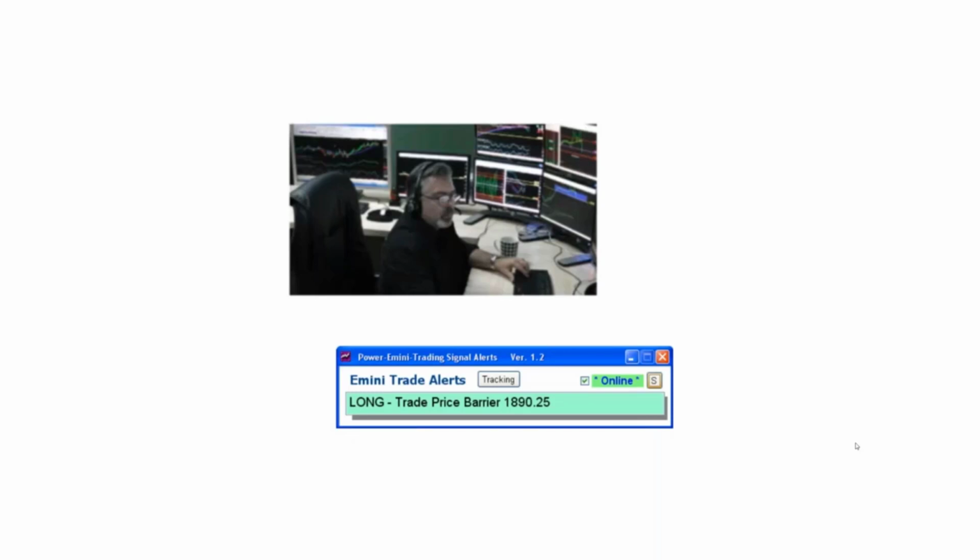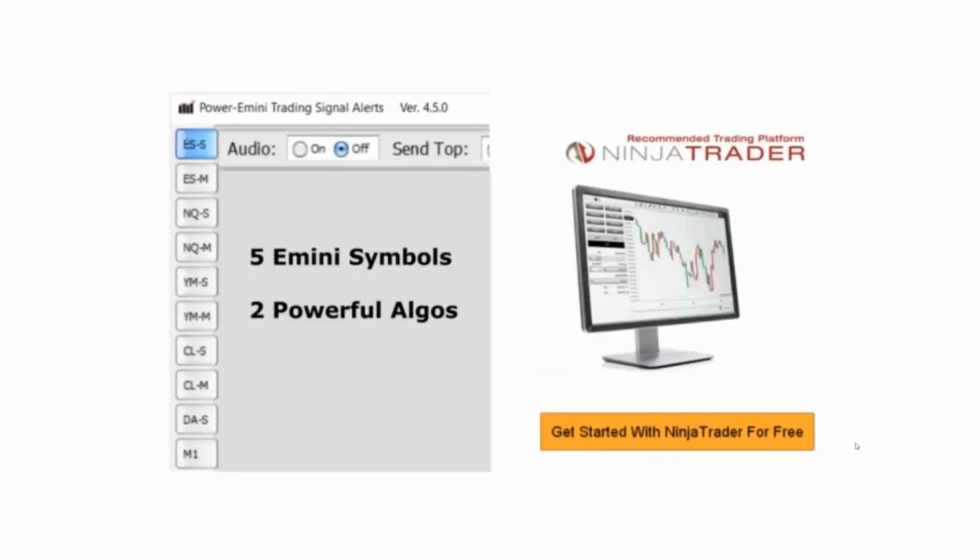So I whipped out this little piece of software, and it just sat on your desktop, and then alerts would get automatically generated from my auto signaling algos on my server. So that's 5 years ago. We started off real basic, but very cool. And today we have expanded out now.